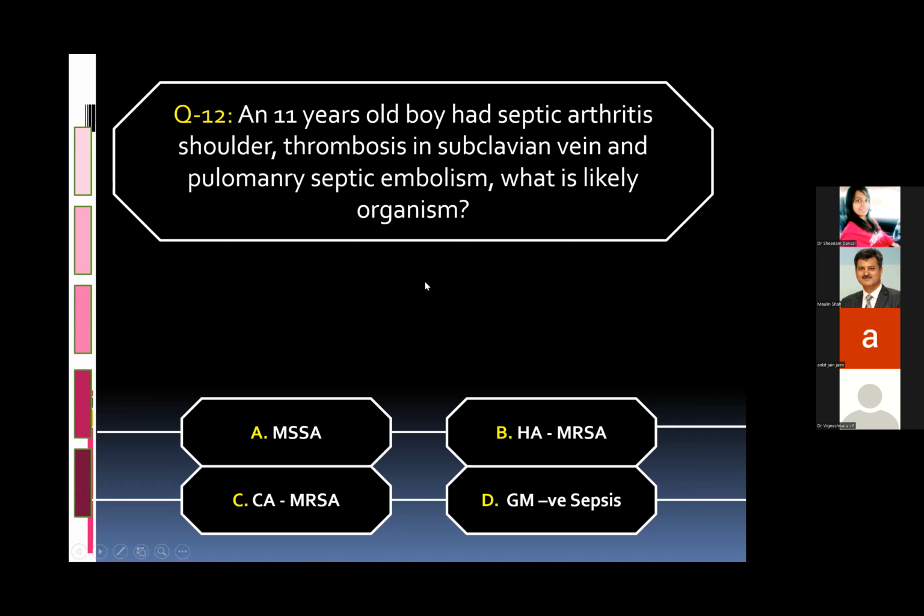They are genetically different, and they can induce this thrombosis in the adjacent vein, and those infective emboli can percolate into pulmonary septic embolism.